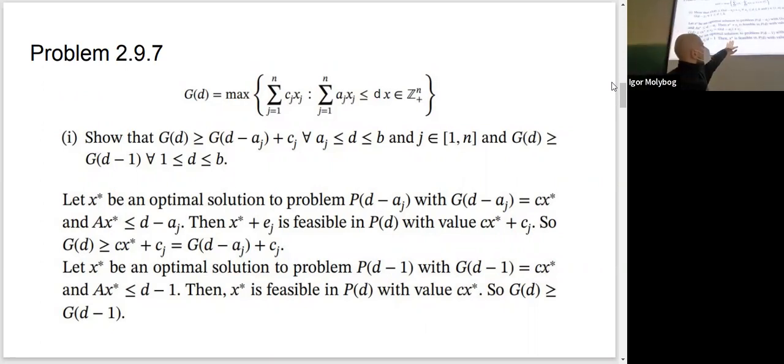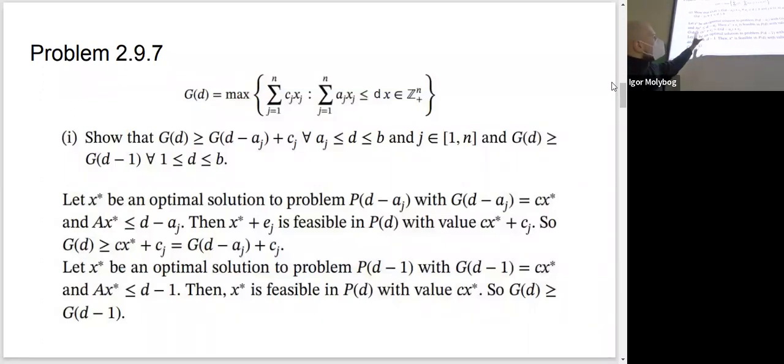Then x star is going to be a feasible solution for P of d with the value c x star, because since this inequality holds, if we cross out this minus 1, the inequality also must hold. So c x star is attainable in P of d, and therefore g of d is greater than or equal to g of d minus 1.